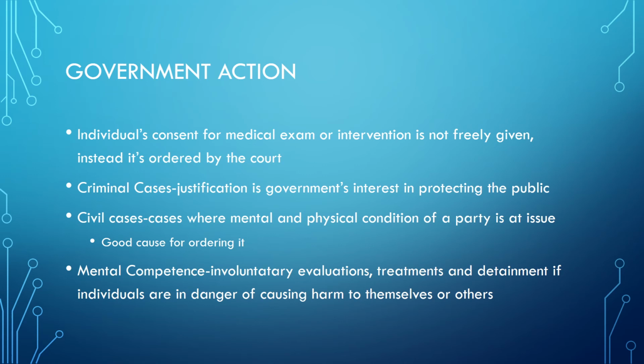They would ask that they do those evaluations and treatments if they felt that the person was going to be a harm to themselves or to others. So these are some ways that the government interferes with these consents.